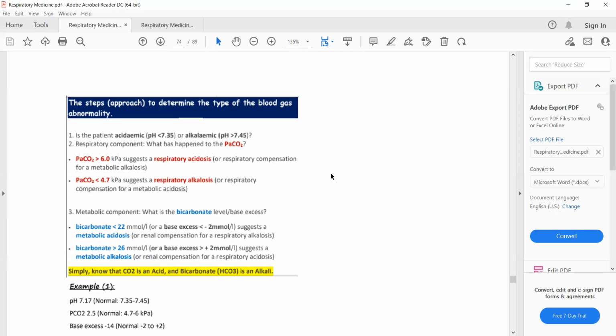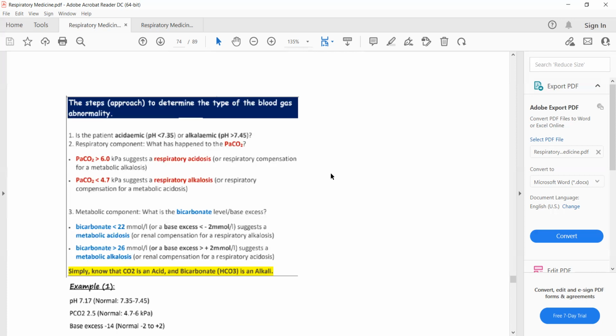So this is a three-step approach. Another way to determine the metabolic component is to look at base excess. If base excess is less than -2, then it is metabolic acidosis.